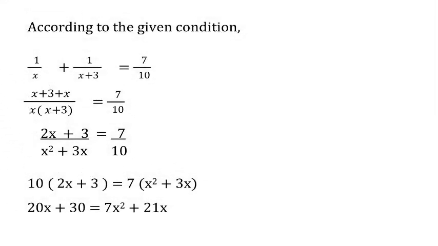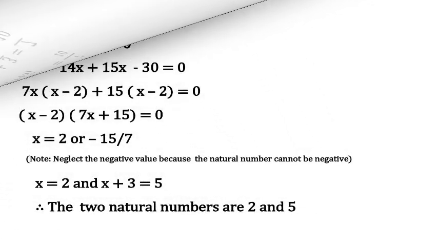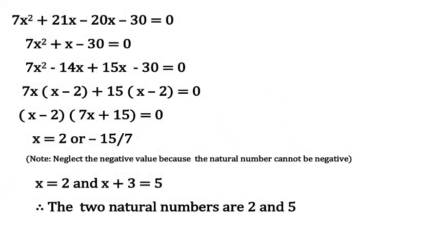So, according to the given condition, 1 by x plus 1 by x plus 3 is equal to 7 by 10. Simplify the equation to get the quadratic equation 7x square plus x minus 30 is equal to 0. Factorize the equation, then the value of x will be equal to 2 or minus 15 by 7.